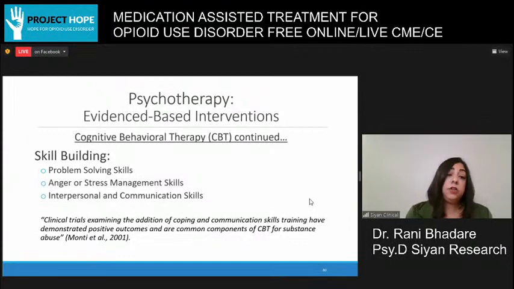The skill building can also include anger or stress management skills, things like learning deep breathing, positive imagery, also interpersonal and communication skills, learning about assertive communication and how to do that rather than passive communication, aggressive communication, or passive aggressive communication. That component also helps patients learn how to have more healthy interpersonal boundaries, or boundaries around other people.